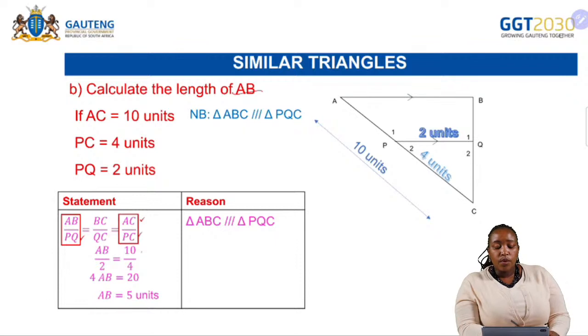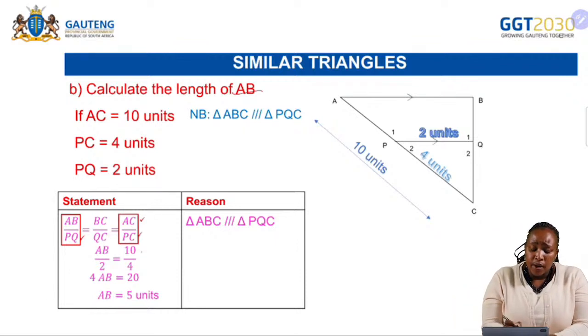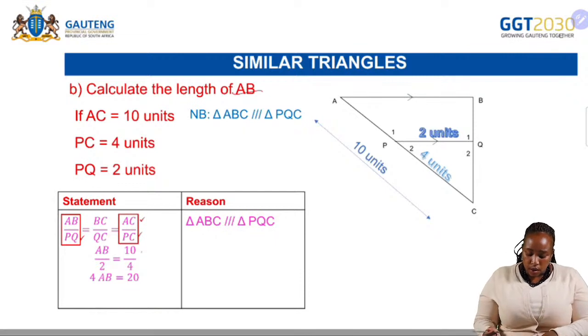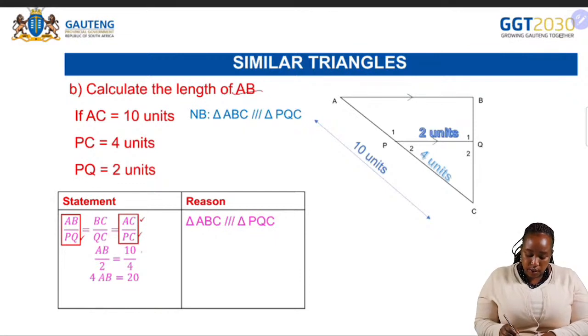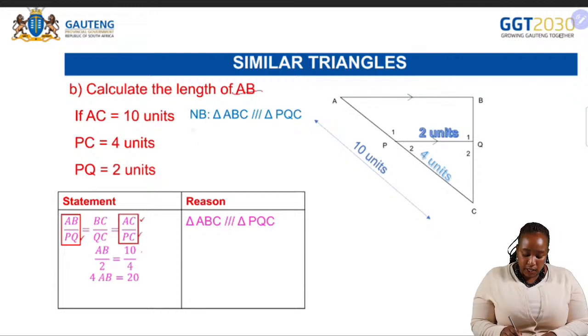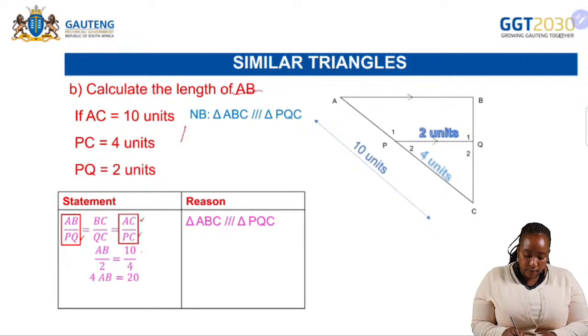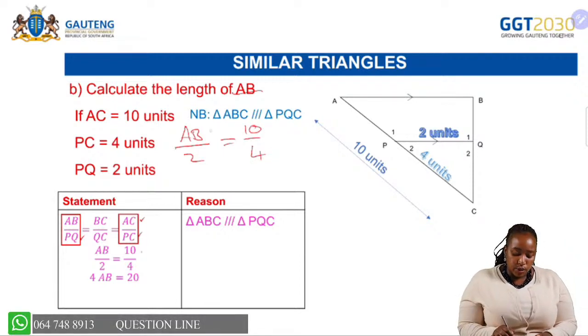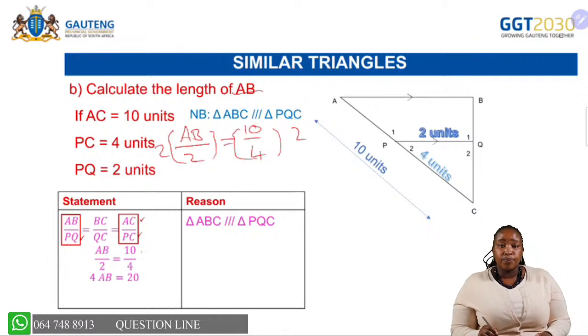Okay, you could have also, from this step, worked with your multiplication. So you have AB divided by 2 is equal to 10 divided by 4, right? Now what you could have done was to multiply both sides by 2. You multiply this side by 2, okay?